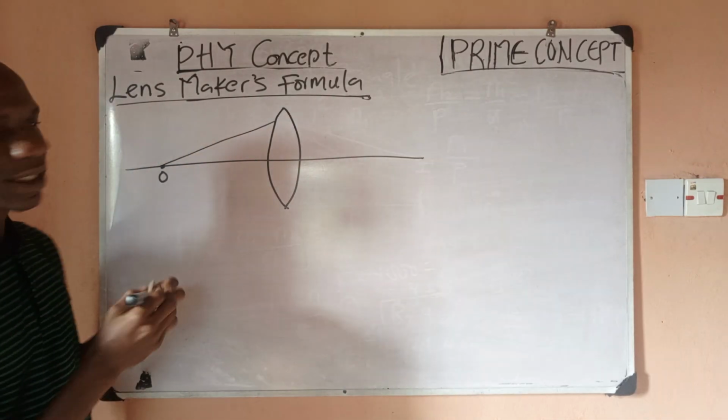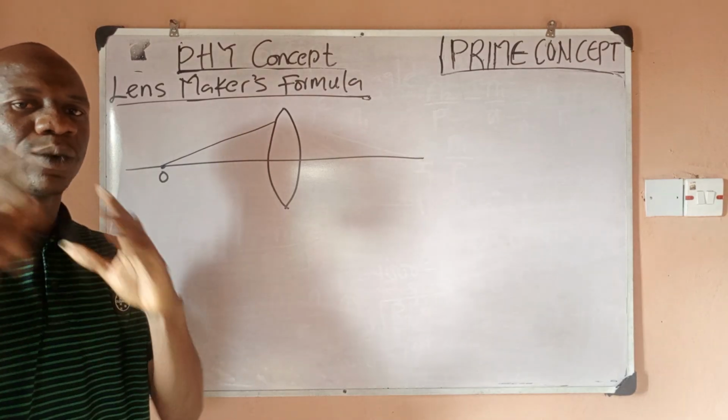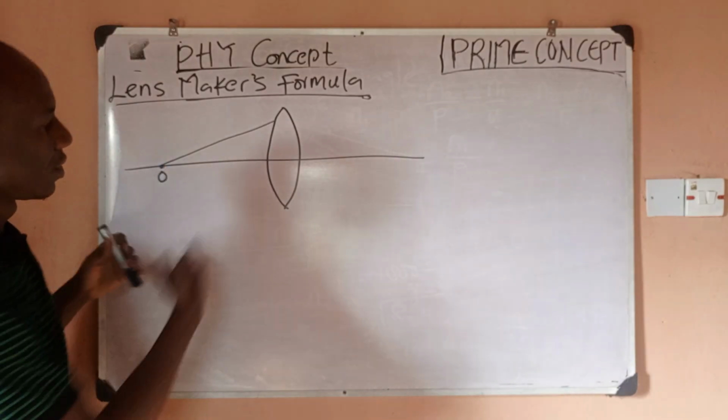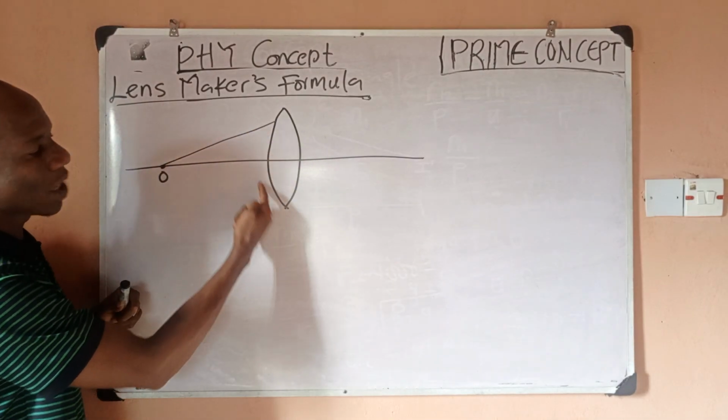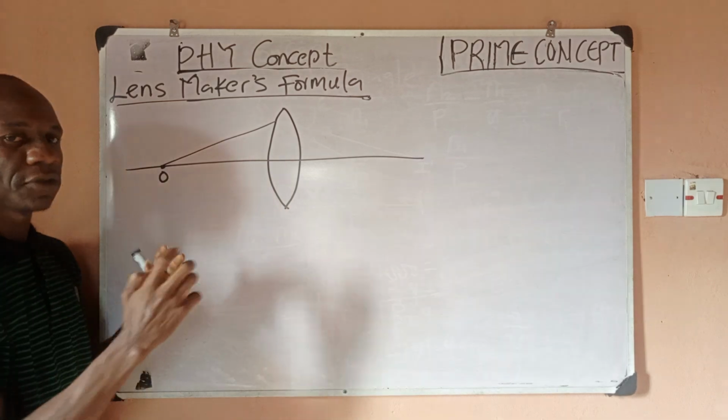You would recall that in our lens studies, we mentioned that a lens is made of two curved surfaces. So you can see this part is one of the curved surfaces of a lens, and this is another curved surface of a lens.